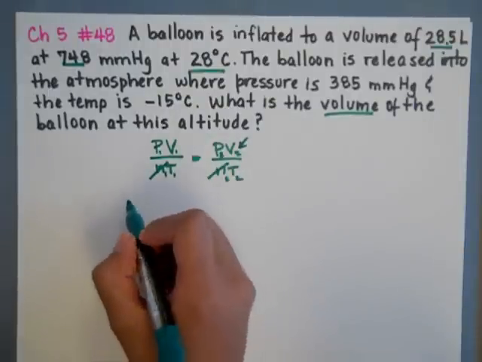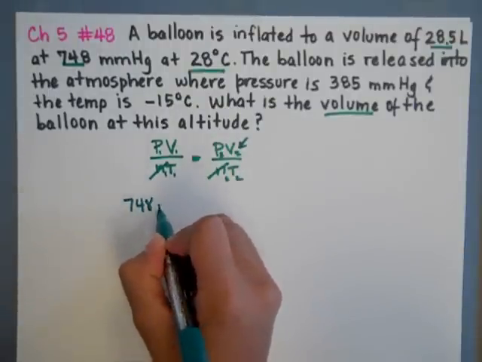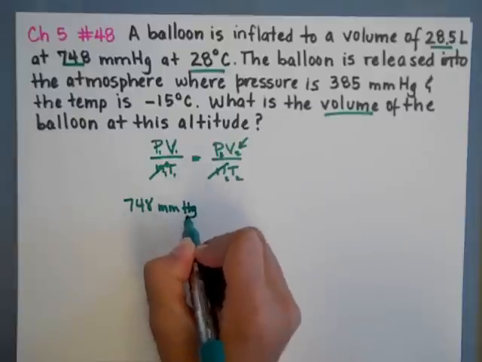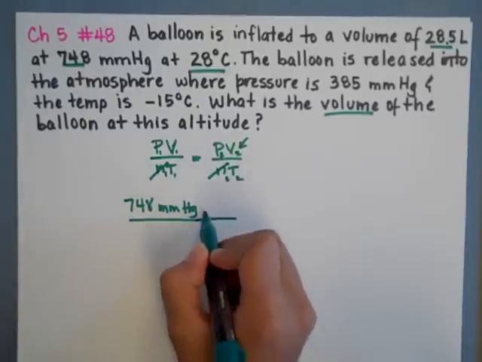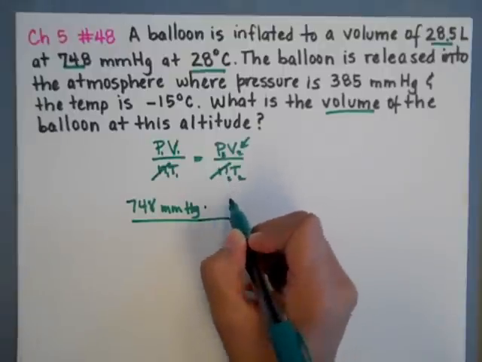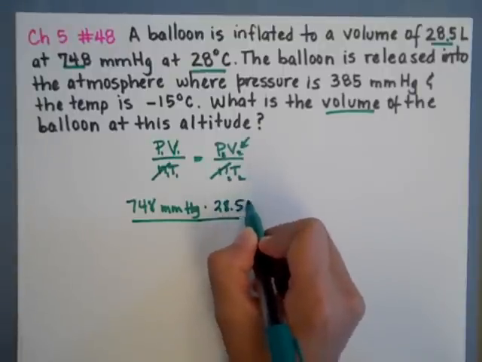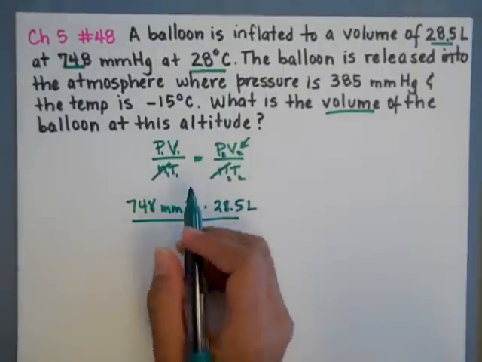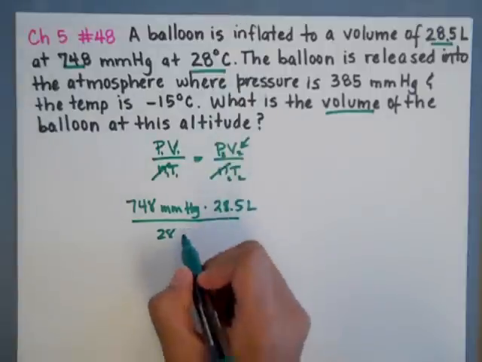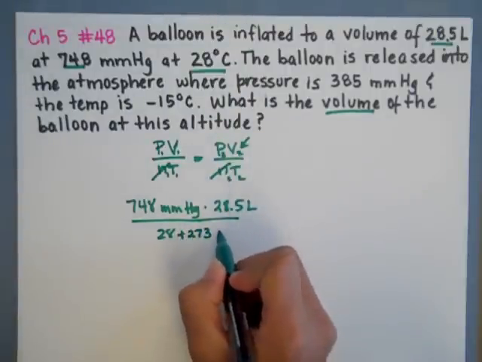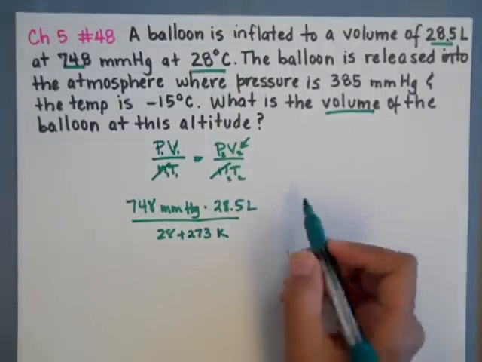So if we plug all this in, we're going to get 748 millimeters of mercury times the 28.5 liters, all over the temperature of 28 plus 273 to make it to Kelvin.